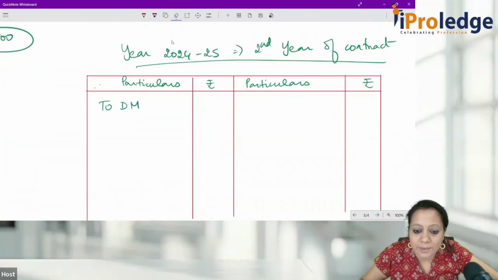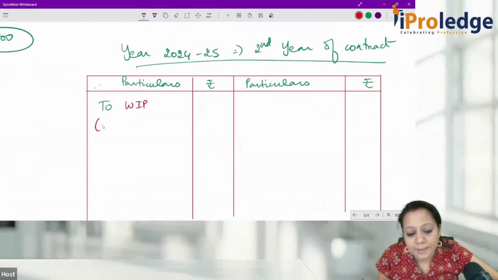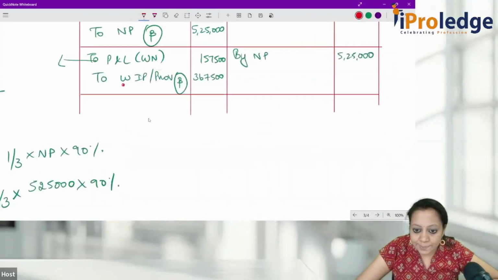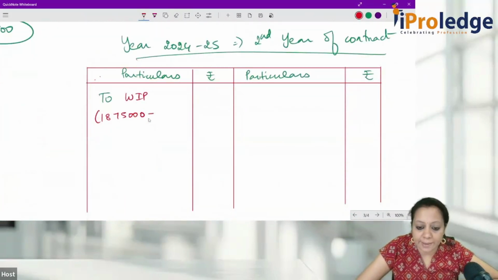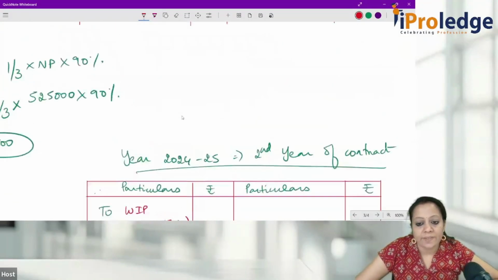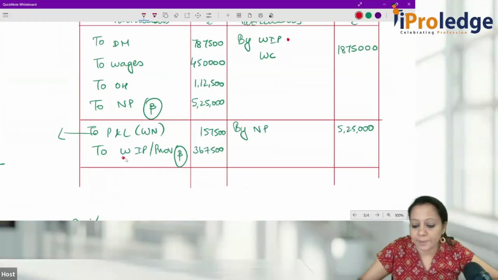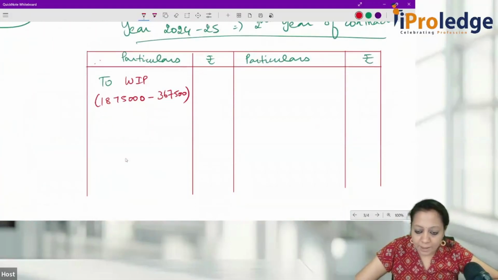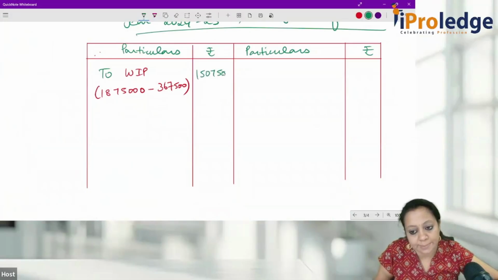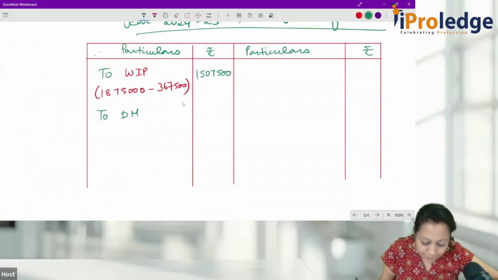So it is to WIP, 18 lakh 75,000 minus 3 lakh 67,500. Tell me how much is it? 15 lakh 7,500. Now to direct material, 11 lakh 25,000.